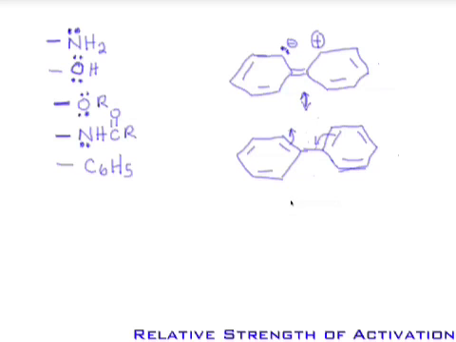But again, because you put a positive over here on this ring, it's not greater than what you get with oxygen and nitrogen. Below that are the alkyl groups, methyl, ethyl, etc., where R is alkyl.